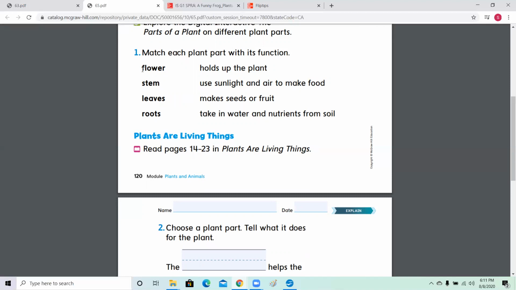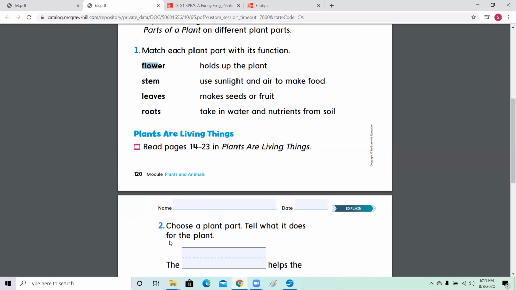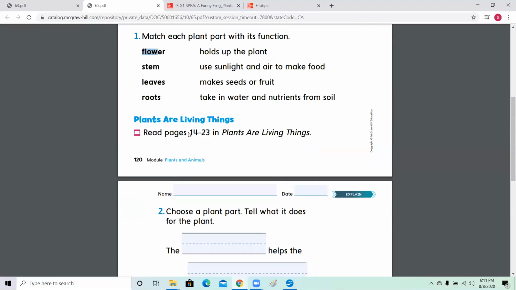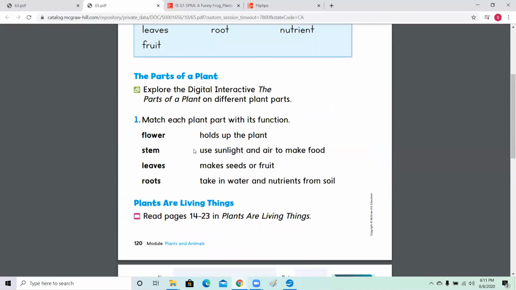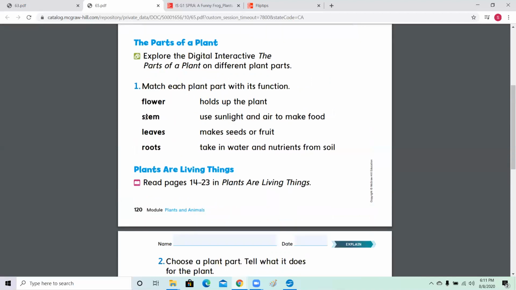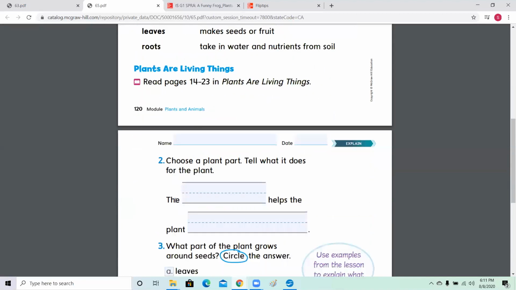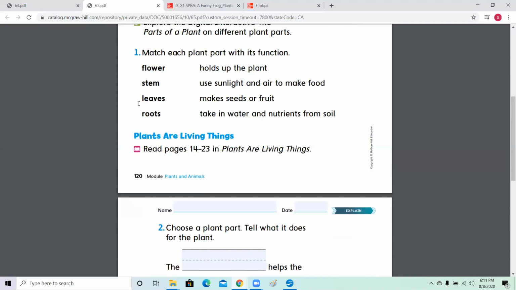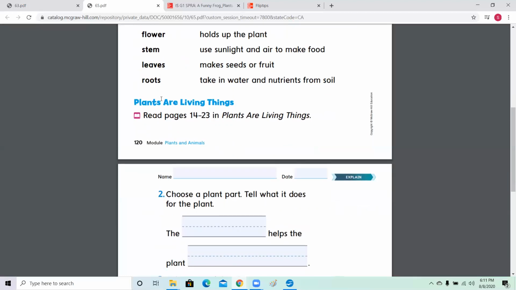So let's say you choose flowers. You're gonna write, the flower helps the plant to do what? Make seeds or fruit. Or let's say you choose stem. The stem helps the plant to do what? Hold up the plant. Leaves: what do the leaves do?